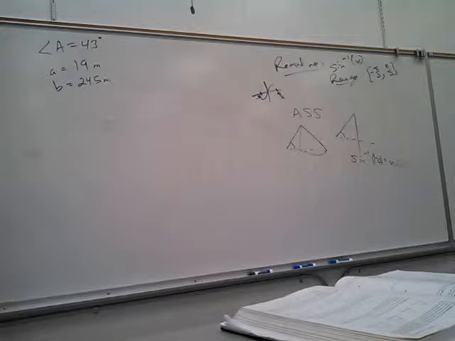So I already know that it's going to be a law of sines case. Before I draw anything or do anything else, how do I know that just looking at this?